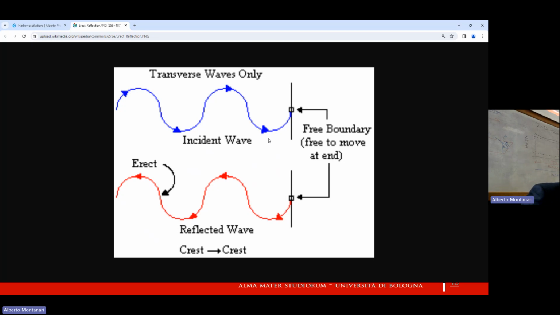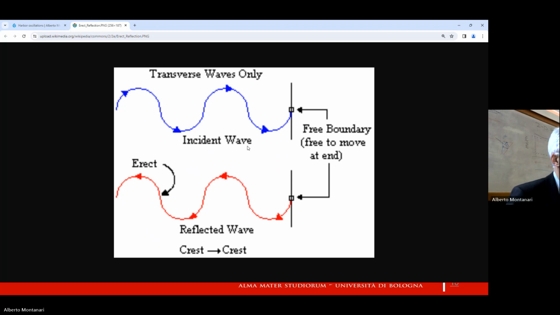The through is summed to the through, and you get twice the amplitude. And then you have some points where there is no change in the position. They are like fixed points.